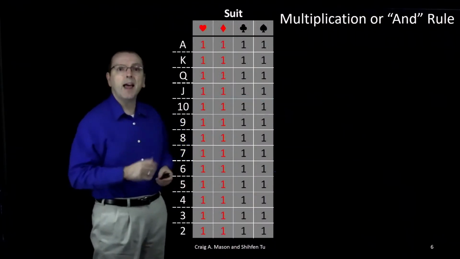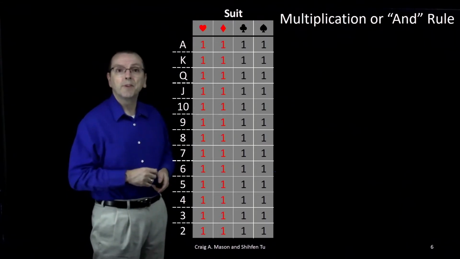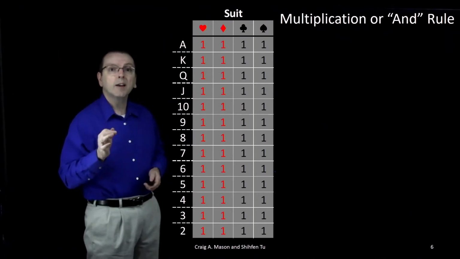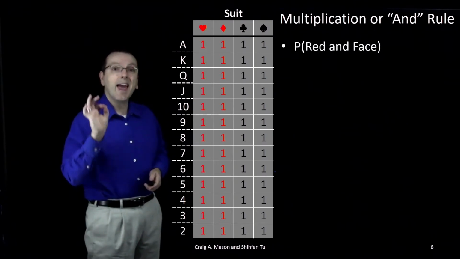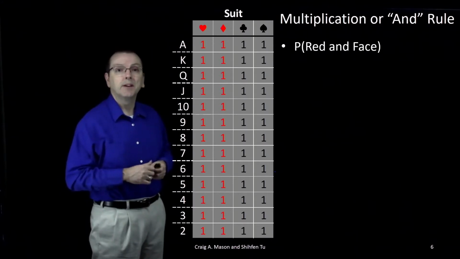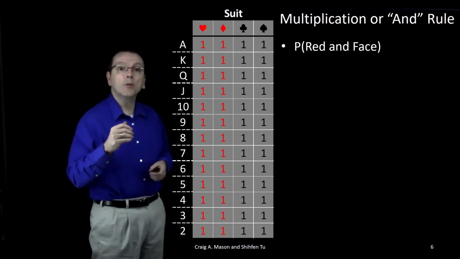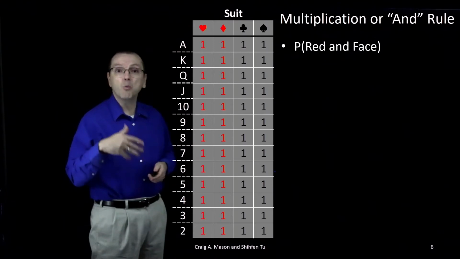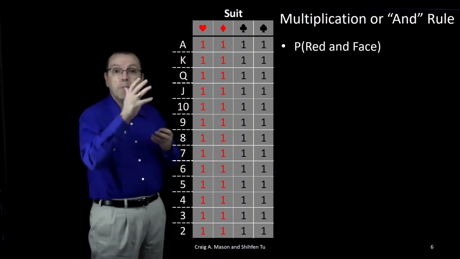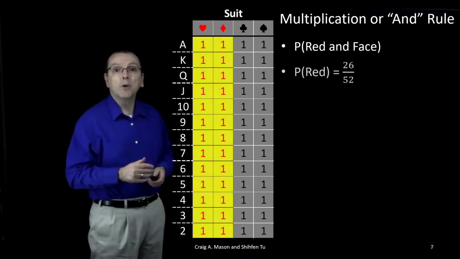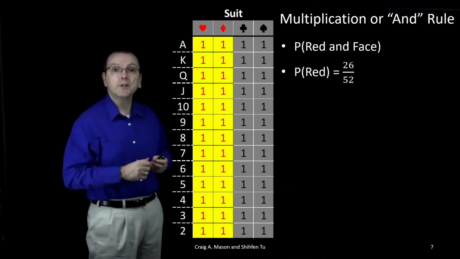Let's look at an example using a deck of cards. What's the probability of selecting one card that is red and a face card, a king, queen, or jack? To answer that, we need to know the probability of each of those events. So the probability that a card is red is just the proportion of all of the deck that's red, or 26 over 52, right?